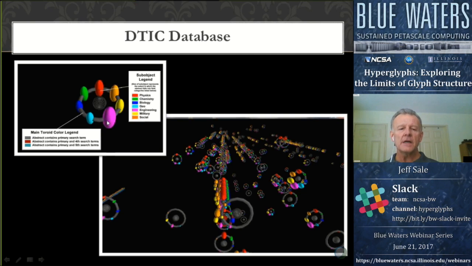And then there's 7 third-level child objects that represent the degree to which that particular abstract of the article falls within one of the topic categories, such as physics, chemistry, biology, geography, engineering, military, and social.